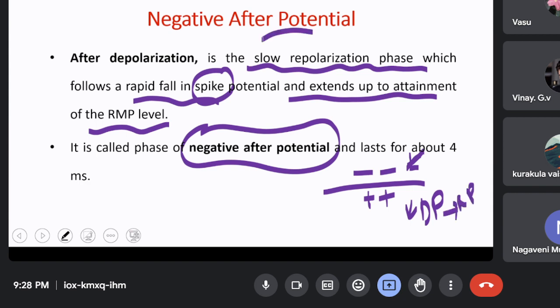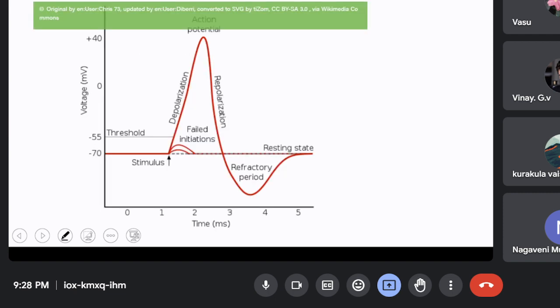When repolarization is slow, there is negativity outside, and that negativity is called negative after potential, which is of very short duration. It is for about just 4 milliseconds, followed by repolarization. So this is how the action potential is generated and propagated all along the length of the nerve fiber.